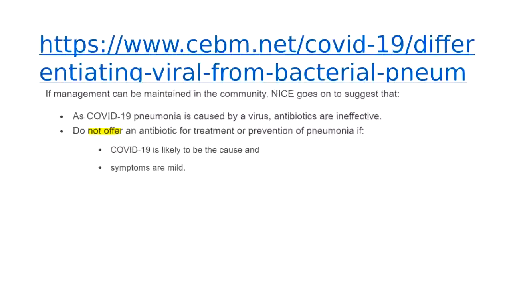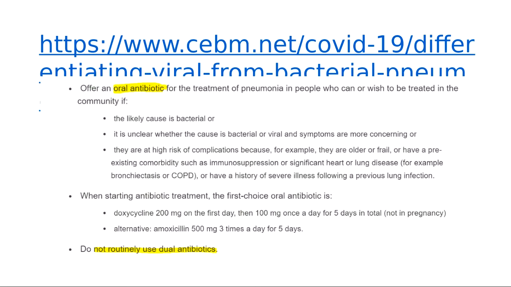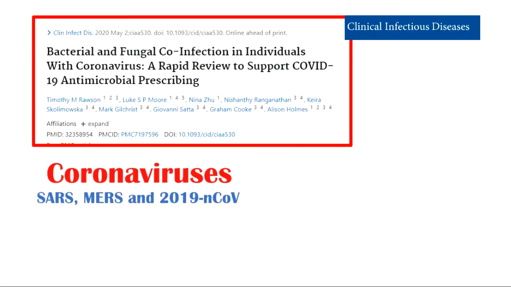It says clearly, do not offer antibiotic for the treatment or prevention of pneumonia if COVID-19 is mild. Don't give antibiotic, clearly stated. And if you want to give, start with oral doxycycline or amoxicillin. Don't start tazocin, meropenem, all these big guns.